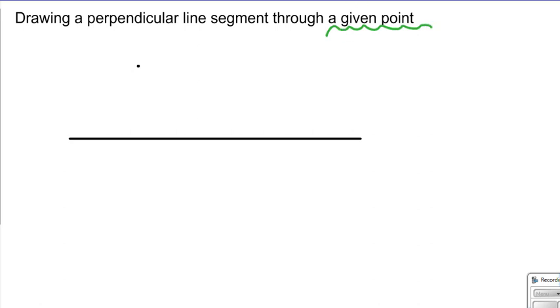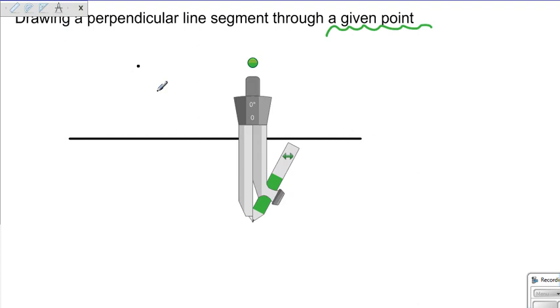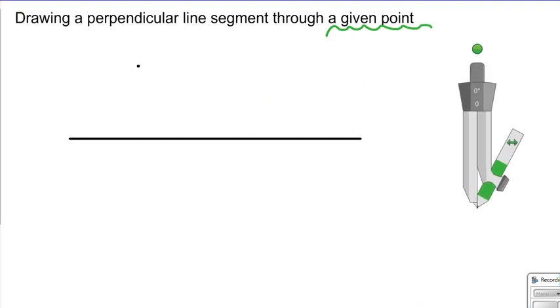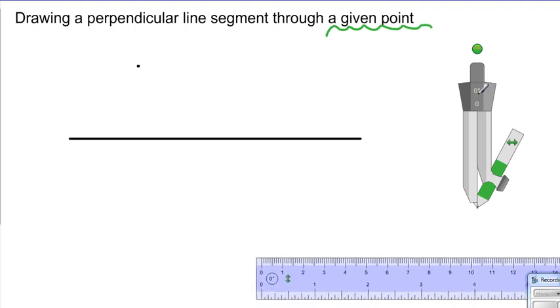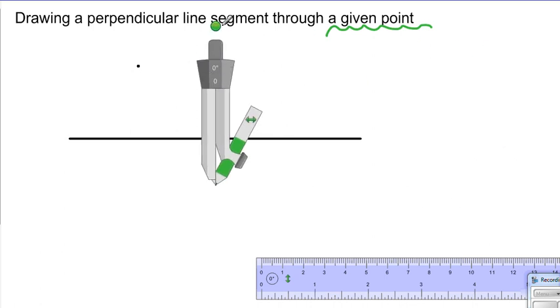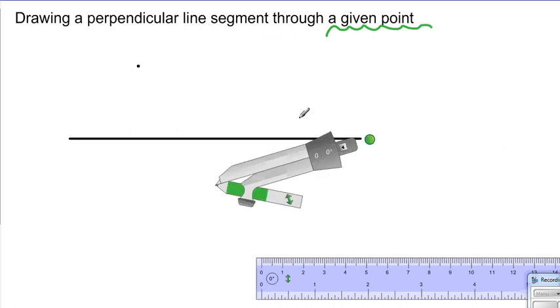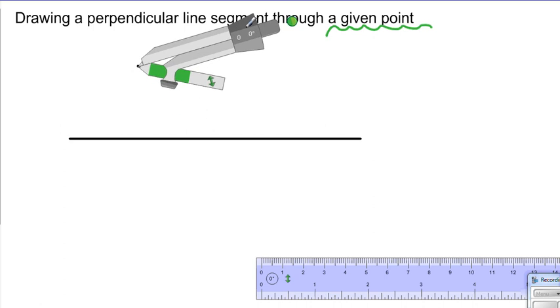So once again, we're going to get our compass and also a straight edge. What we'd like to do is this. First, I would like to bring this compass to that particular given point, and I would like to open this compass up.